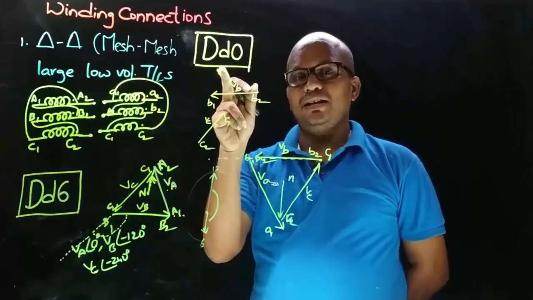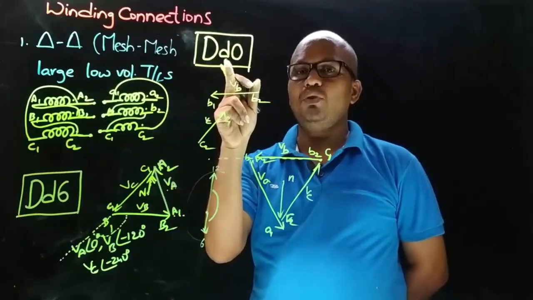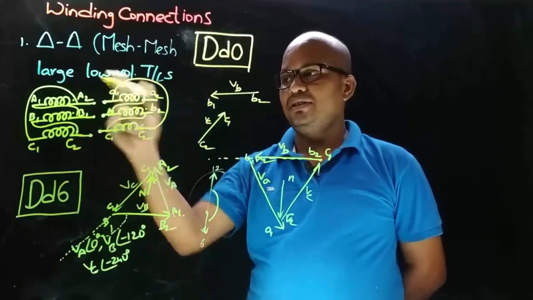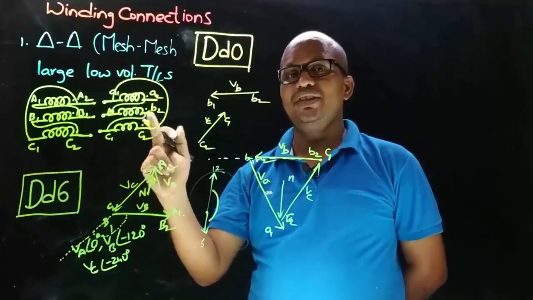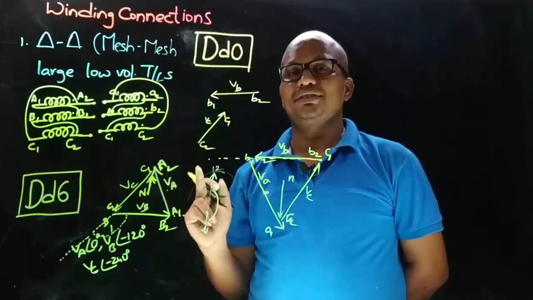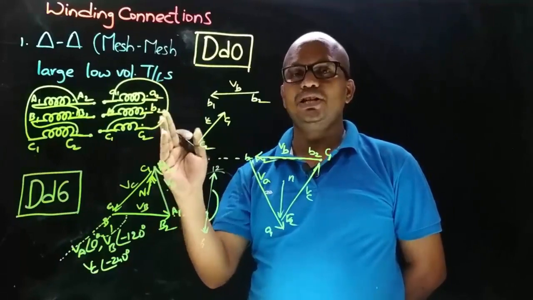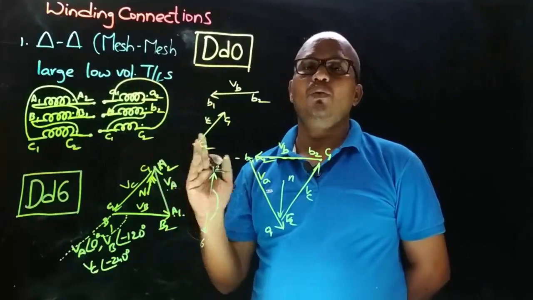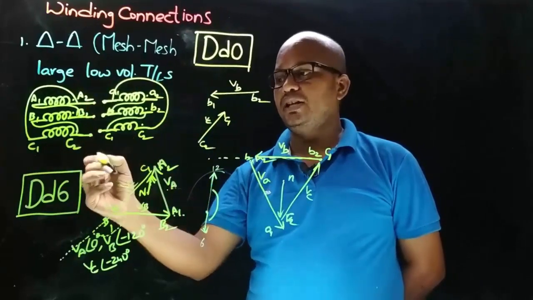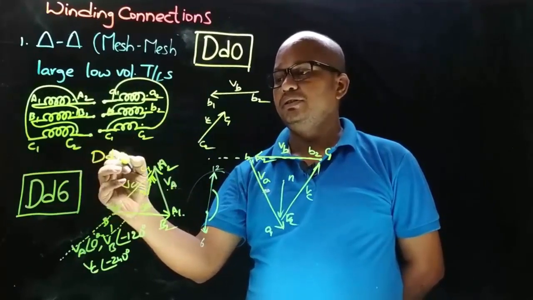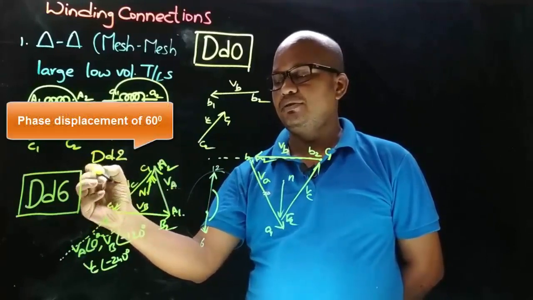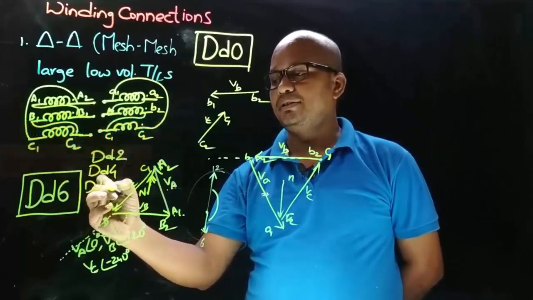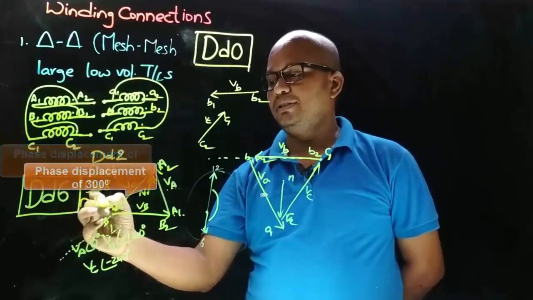This type of delta-delta connection has a phase displacement of 0 degrees, and this type of delta-delta connection has a phase displacement of 180 degrees. That is, here the LV side voltage is displaced by an angle of 180 degrees with respect to the HV side voltage. The other possible connections of delta-delta can be this, or this, or this, or this.